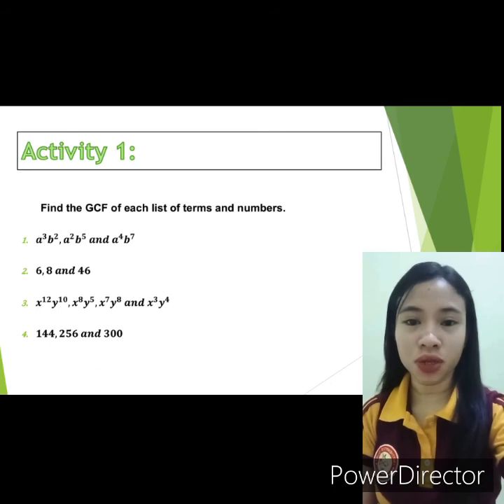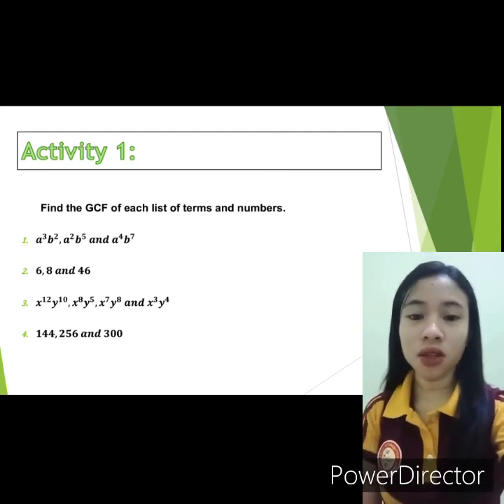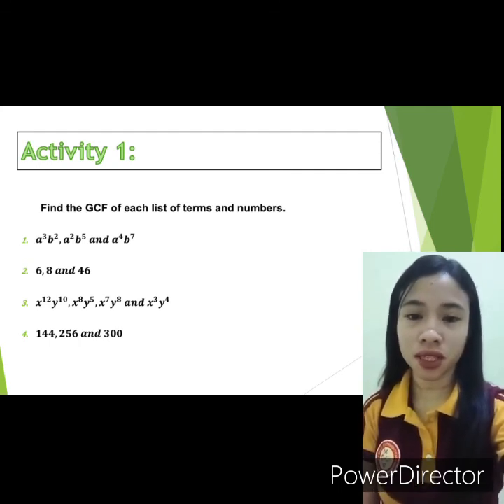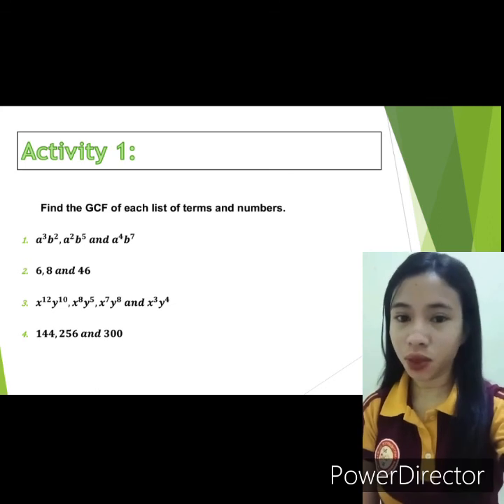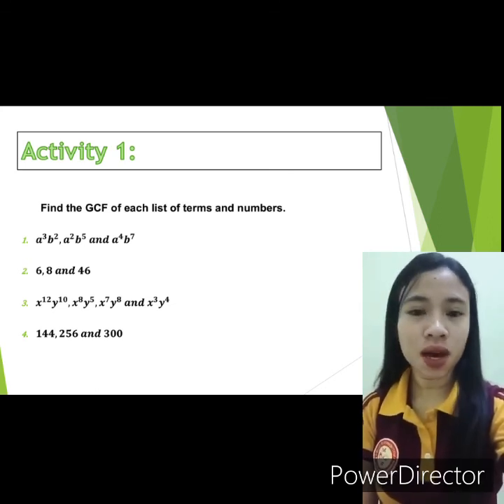For the second term, we have 256. The factors of 256 are 2 times 2 times 2 times 2 times 2 times 2 times 2 times 2.